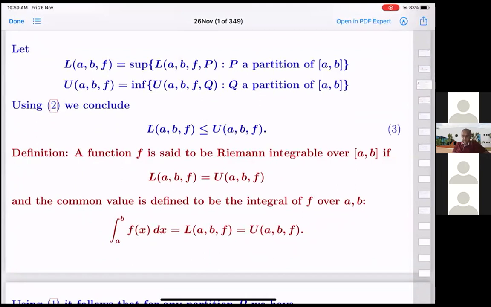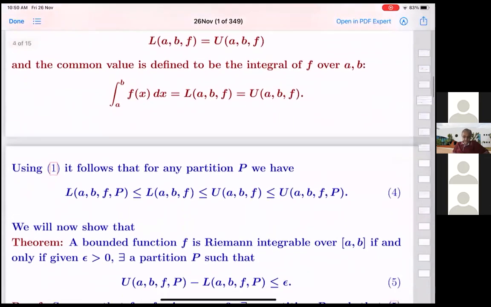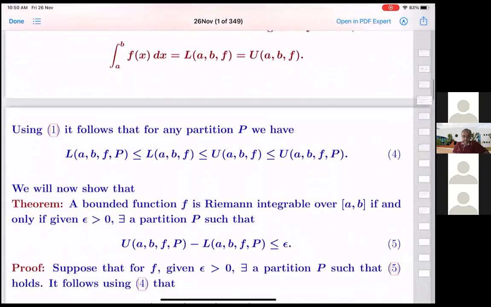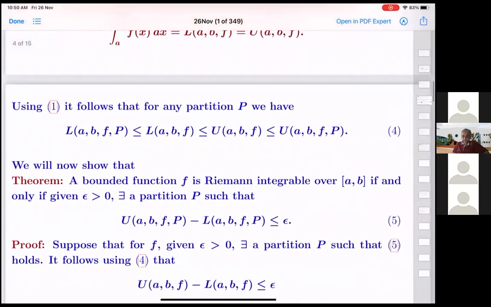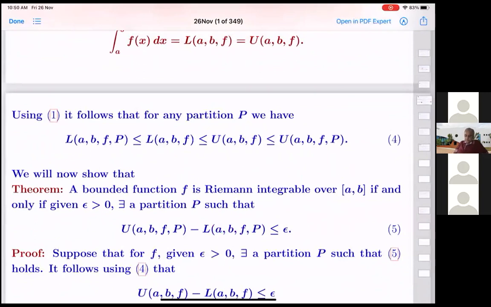Riemann integrability is when the lower and upper bounds agree, and then the common value is the integral. Let us note from our definition that for any partition P, L(f,P) is less than or equal to the lower integral, and U(f,P) is greater than or equal to the upper integral.